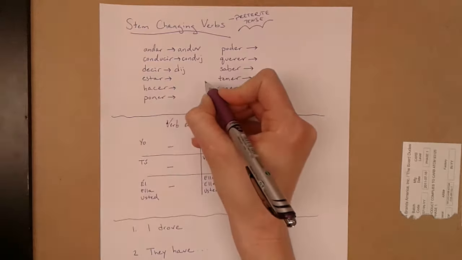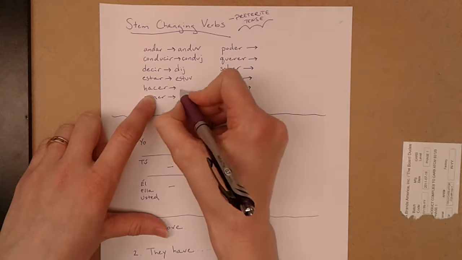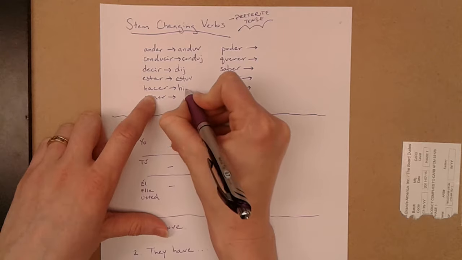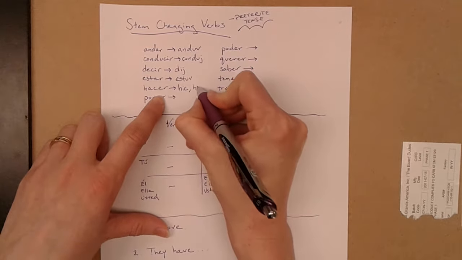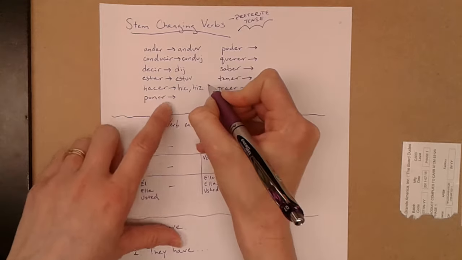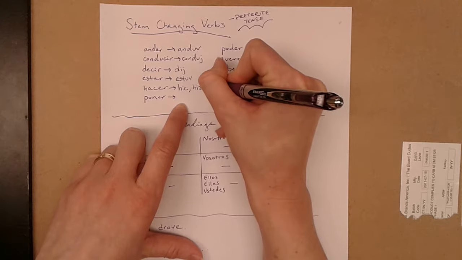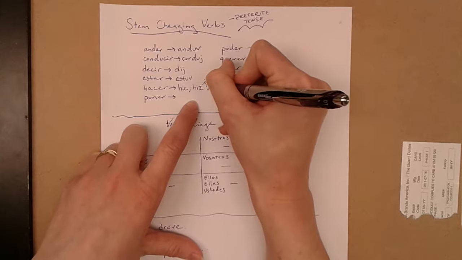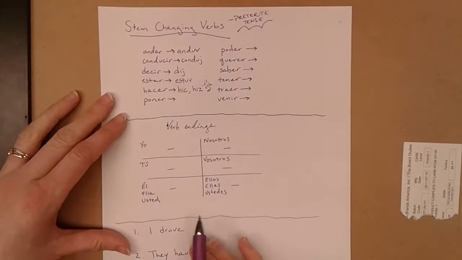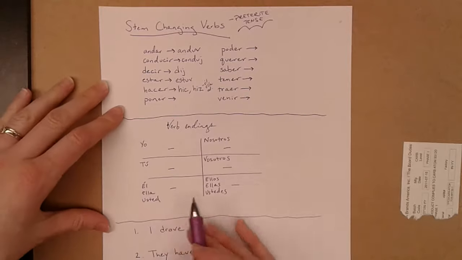Estar, to be, becomes estuv. Hacer, to do or to make, becomes hic, or hiz with the Z. This is just in the él, ella, usted form. So just in this section here would you use the hiz stem.